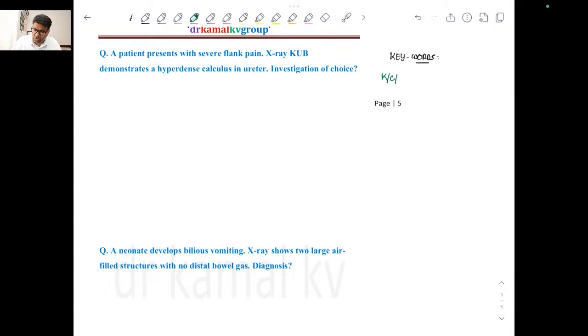Known case of severe flank pain, right? So there is pain at the back side of the lumbar region in the flanks. Then X-ray was done, kidney, ureter, bladder, KUB region, kidney, ureter, bladder.